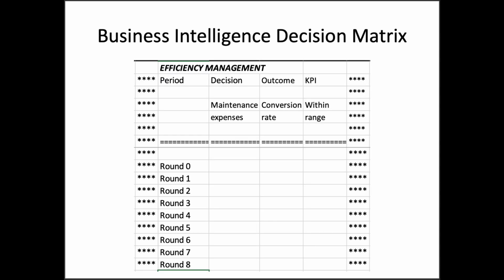You will apply the plan, do, check, adjust cycle to make decisions in the operations of the company over multiple business periods. You will generate a business intelligence decision matrix like this one as a tool to help you make sound and logical decisions.